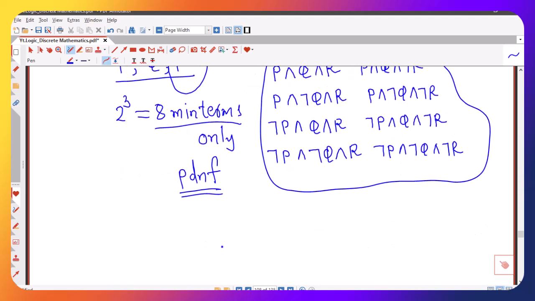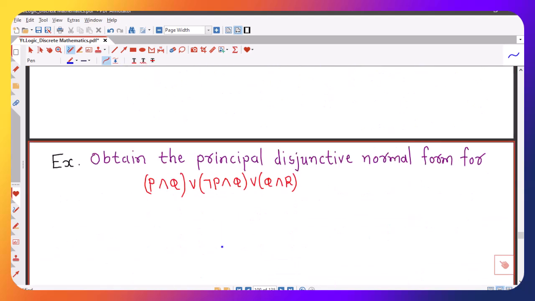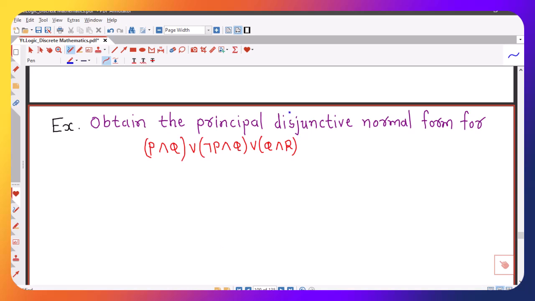So we are going to obtain the principal disjunctive normal form of this formula. For that we have to first find out the truth table for this formula.